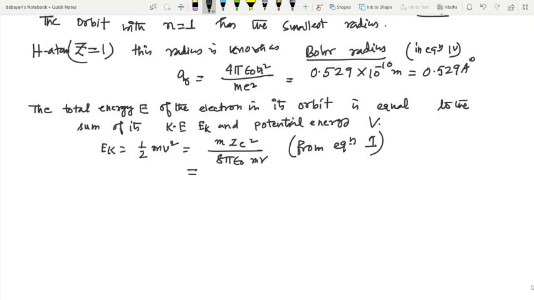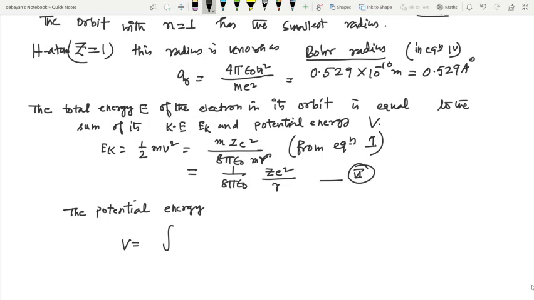And of course we know how to find the potential energy. That is the work done in moving a particle from a distance to infinity. So potential energy V can be written as the integral from infinity to some point of force times displacement.